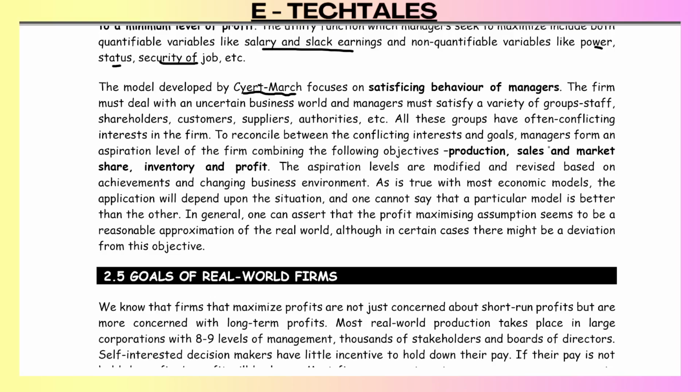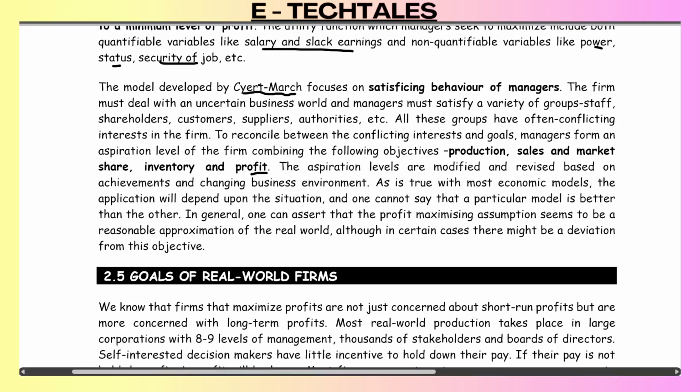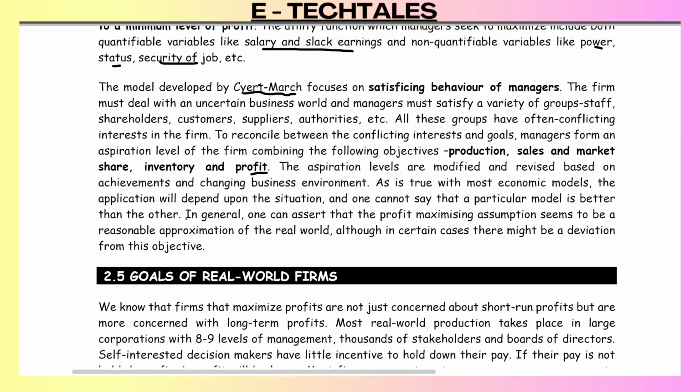Since all of them have conflicting interests, the manager has to manage them. To reconcile these conflicting goals, the managers set an aspiration level for the firm, combining objectives such as production, sales, market share, inventory, and profit. These aspiration levels are adjusted based on the achievements and the changing business environment.